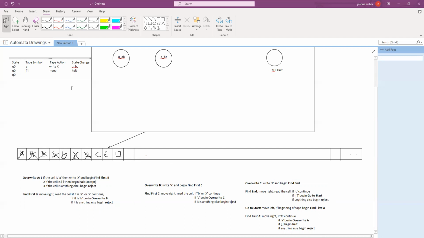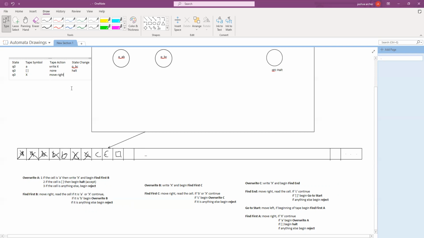So let's look at go to start. I don't think that's going to be a Q0. I think that's going to be a Q end. Let's look at find first A. So if the tape symbol is X, we're going to move right.